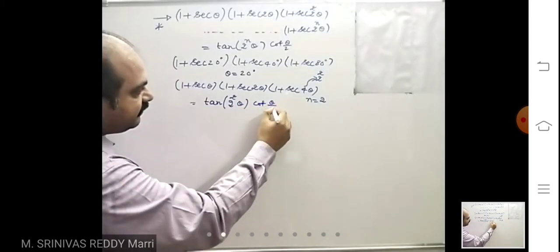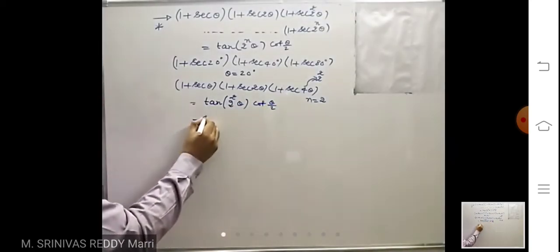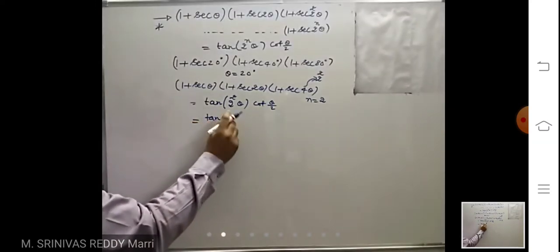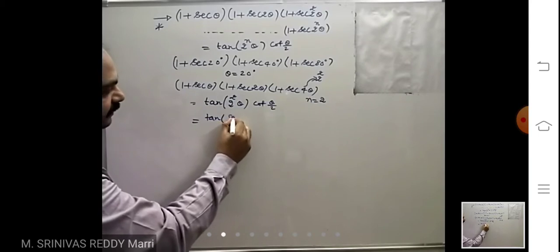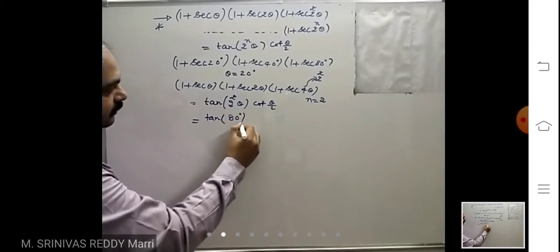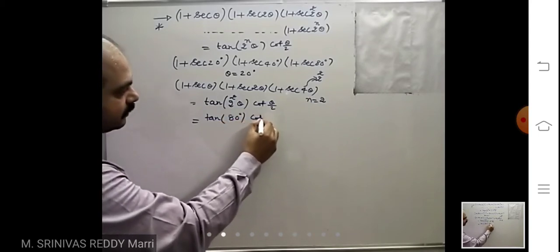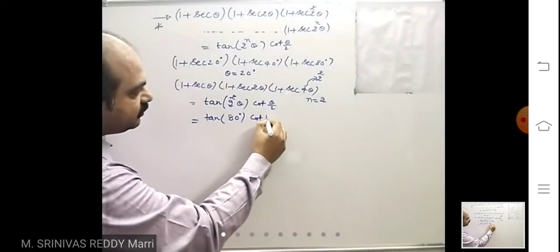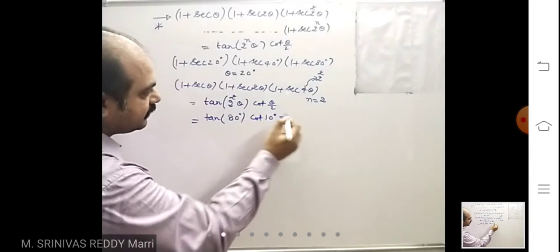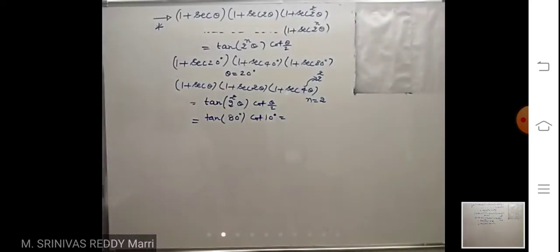Just substitute in the formula. That means tan 4 theta. 4 into 20 is what? 80 degree, into cot theta by 2. Cot theta by 2 means 10 degree. Right? So this is the one.